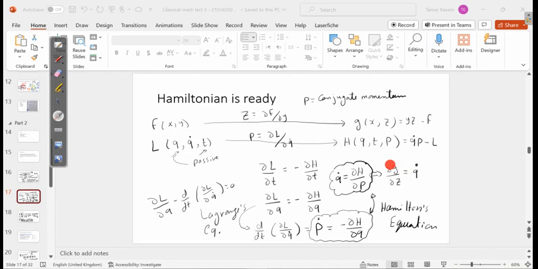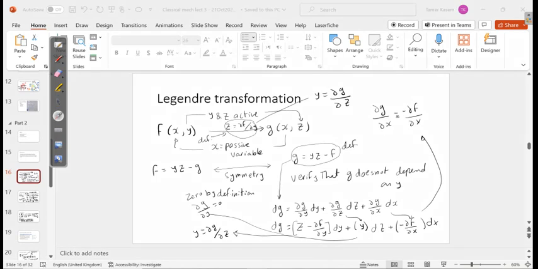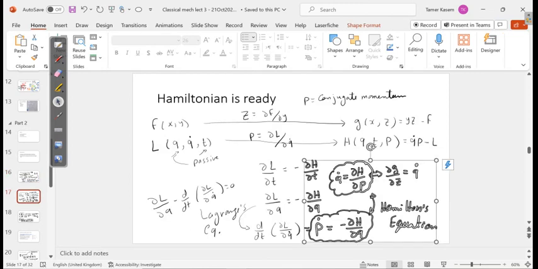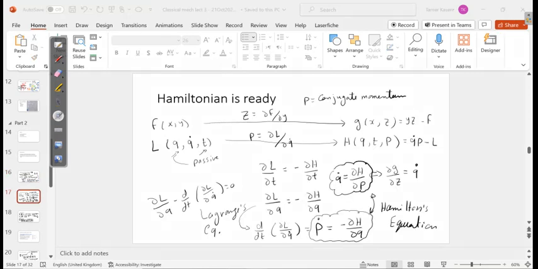Just to assure that you are not losing track, we mentioned that Y here was the variable that disappeared, which is Q dot, equal to partial H, where H plays the role of G, by partial Z, and Z is equal to P. So Q dot is equal to partial H by partial P. Q dot is equal to partial H by partial P. This is one important equation.